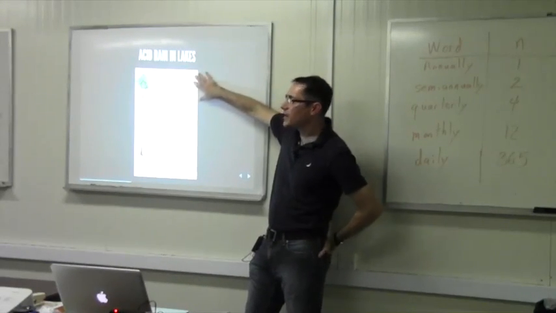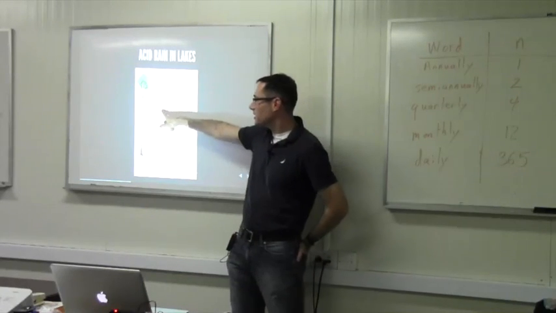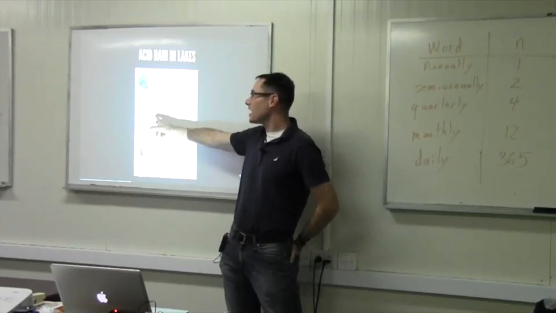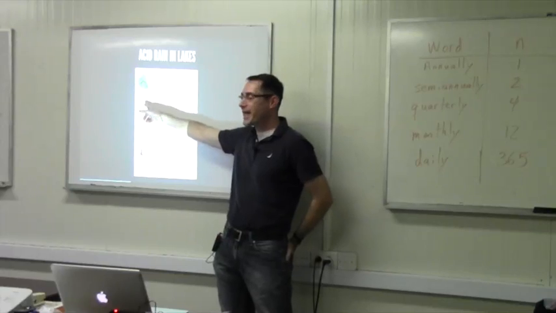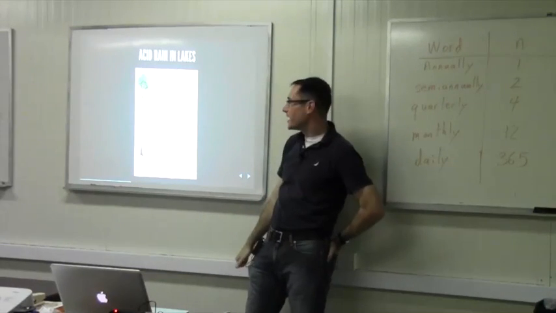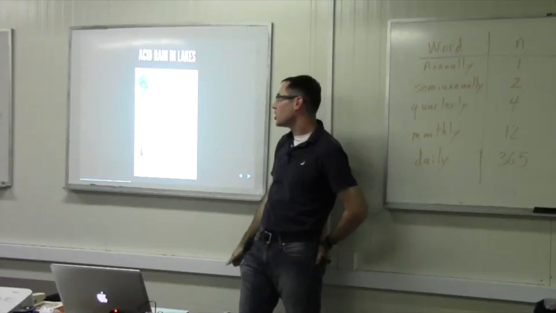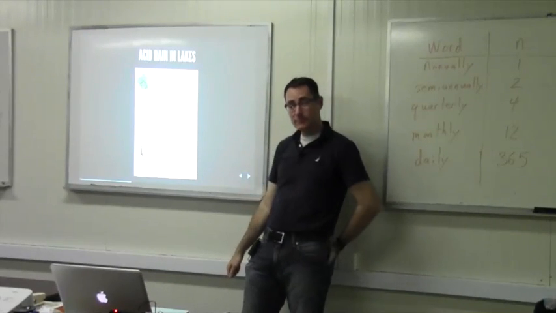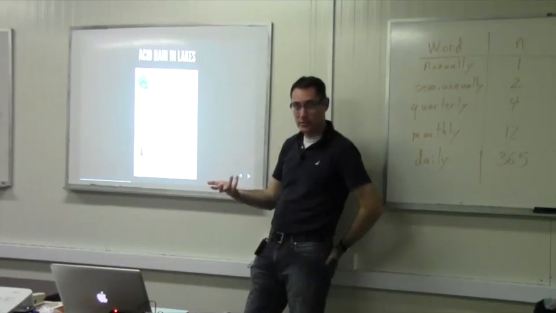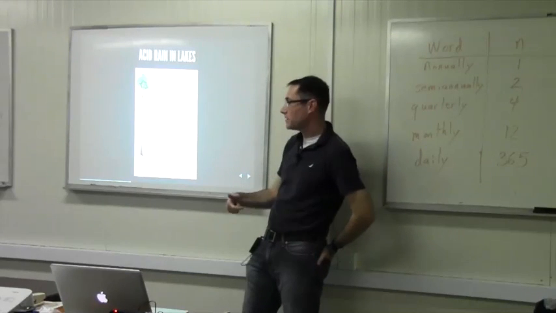Well, when acid rain actually falls in a lake, okay? Sometimes the lake beds are made out of things like limestone or calcite or calcium carbonate, right? Which are actually basic solutions, or they're bases.